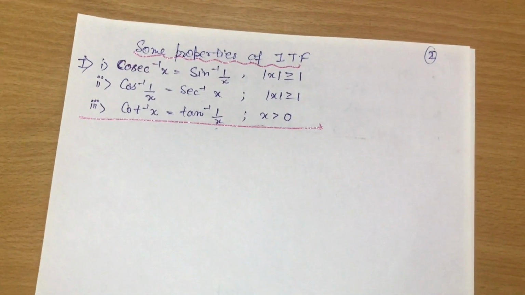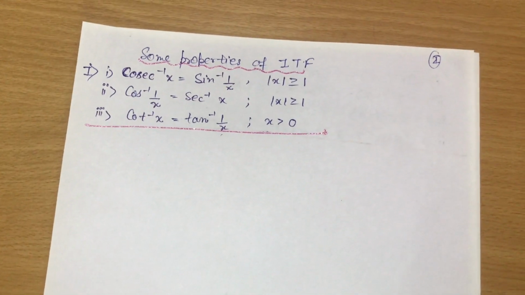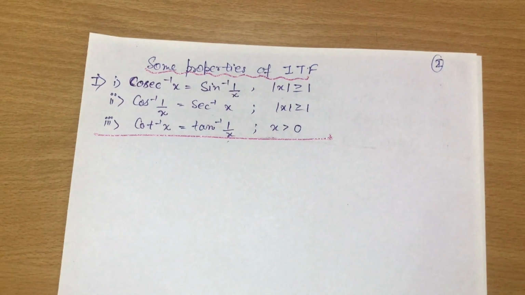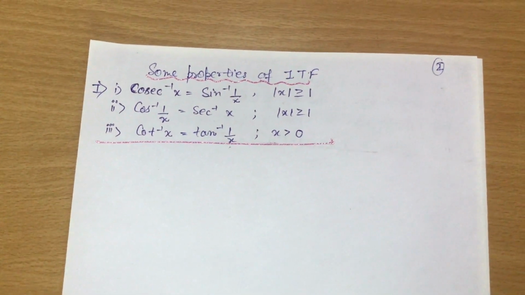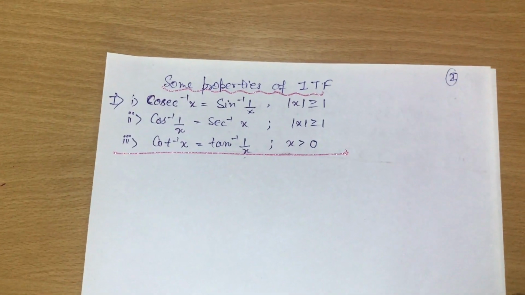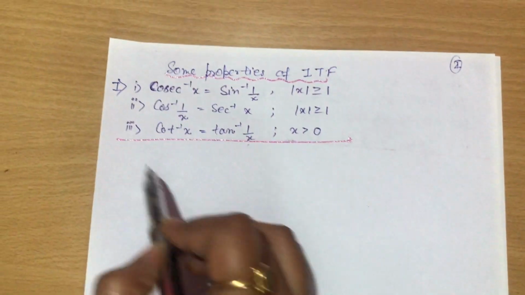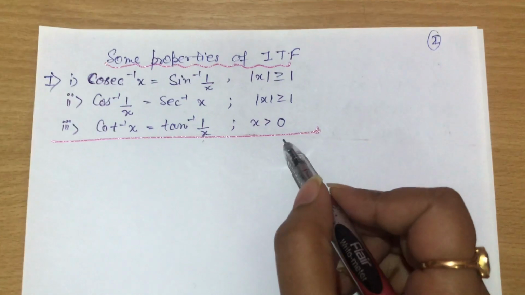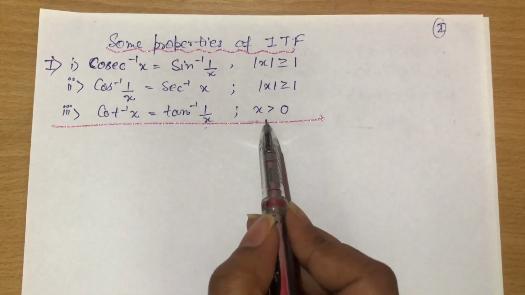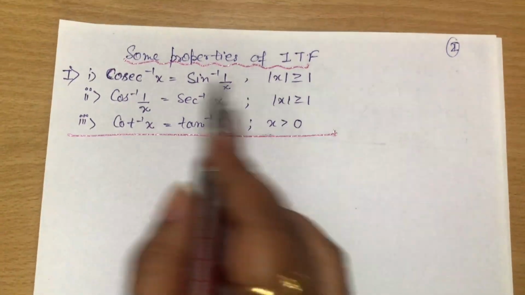The second property is sec inverse of x is equal to cos inverse of 1 by x, and the third is cot inverse of x is equal to tan inverse of 1 by x. When solving questions, you can directly apply these properties. You don't even have to consider these values of x, because these values of x are already valid or suitable for these properties.